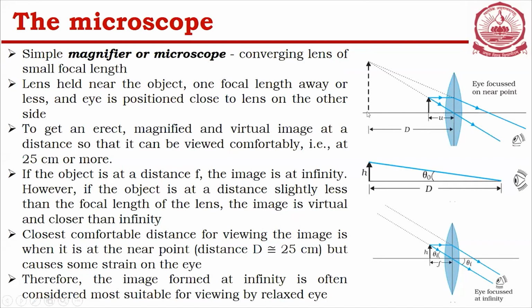That's what the simple magnifier does. You can see here, the first figure is away from the focal point, and the last figure is exactly at the focal point. So the eye focuses at infinite distance. Okay, this is regarding your simple magnifier.